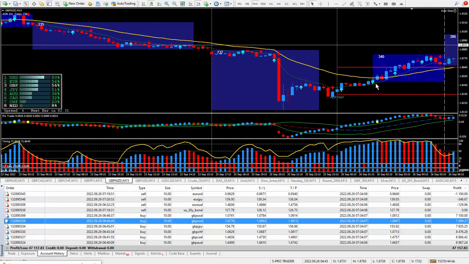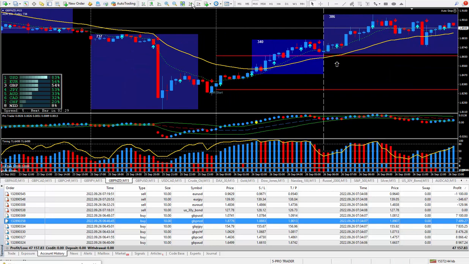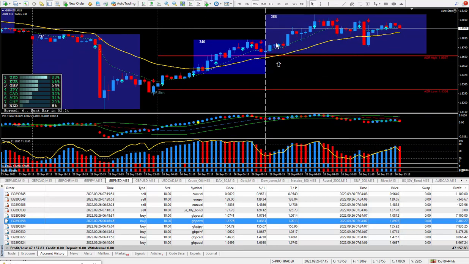At that point, all you're going to do is wait for a pullback. This is it right here. And then another one right here. And then you can get in the trade as close to the goal line as possible. So this was your setup candle down at the bottom. Everything is blue. You can clearly see, including the MACD.